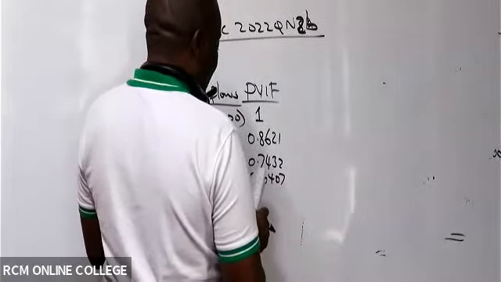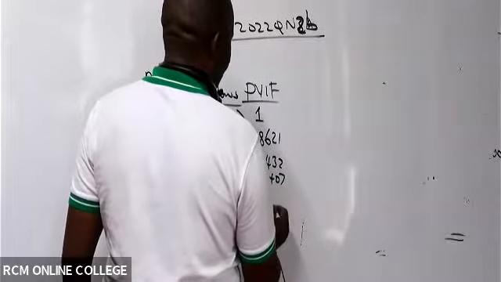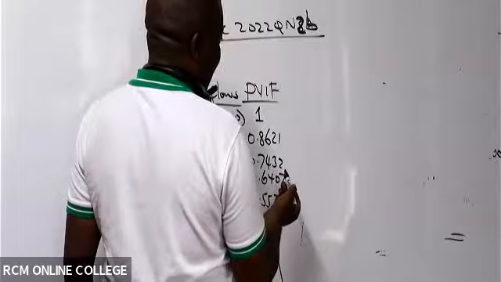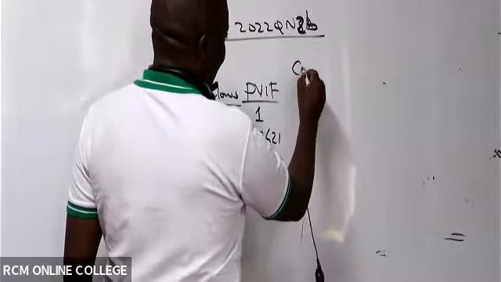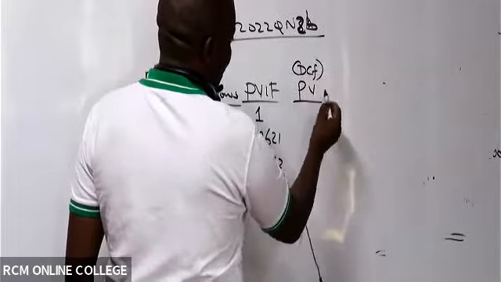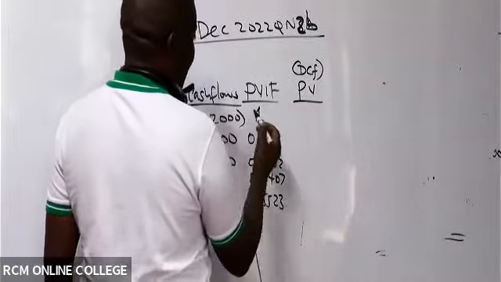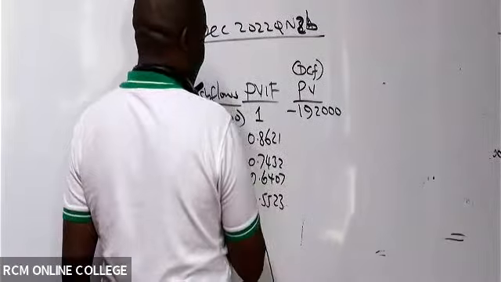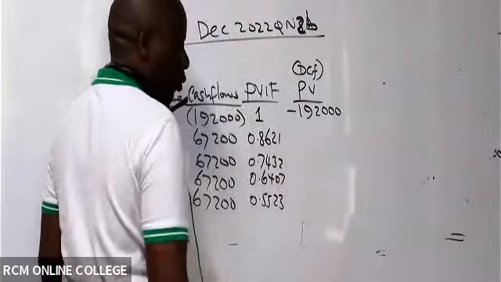Then, ladies and gentlemen, we have 0.5523. So then can you be kind enough to give me the PV, which are the discounted cash flows? This times this gives me minus 192,000. Then we have this times this. Please give me a number to write there.